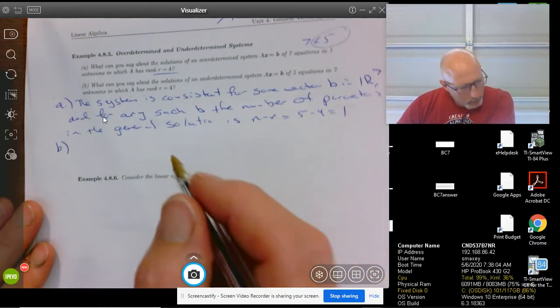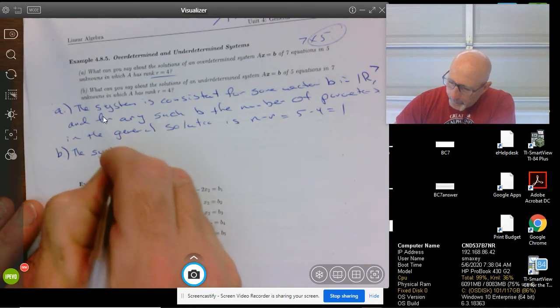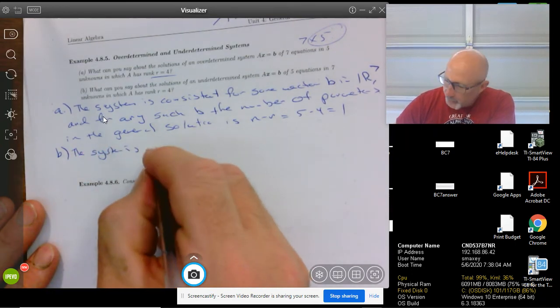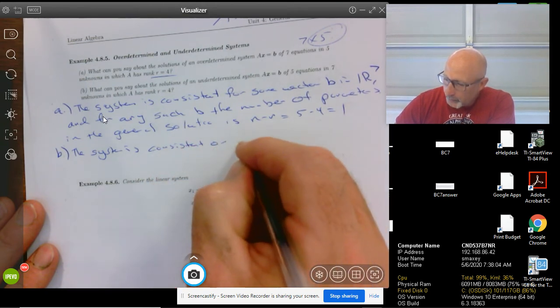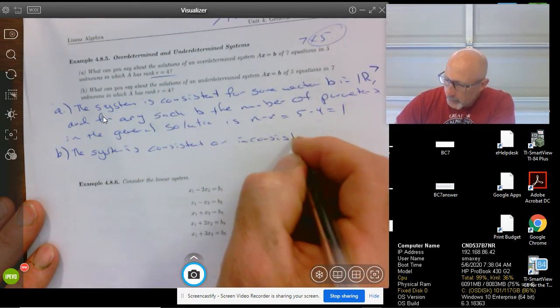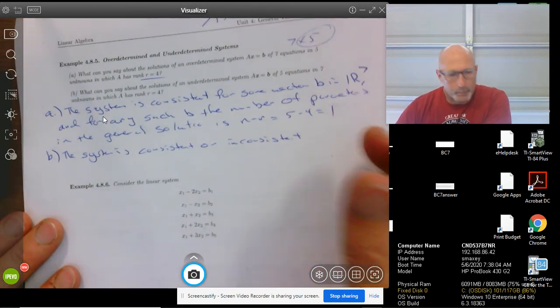so to prove b, the system is consistent or inconsistent. Okay, it depends on the equations. Okay, we have fewer equations than variables now.